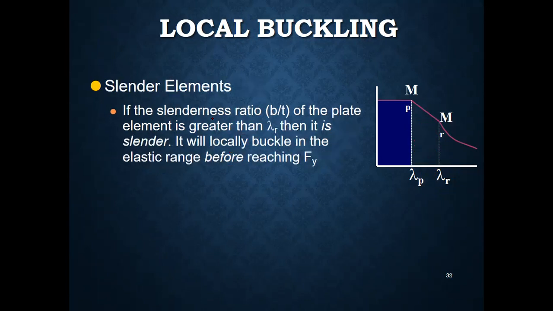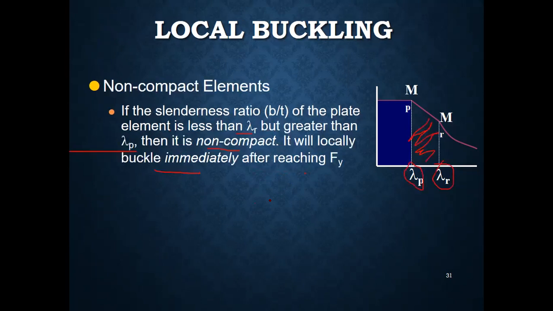And if the slenderness ratio of the member or the plate is greater than lambda r, then it is called a slender member, and this will buckle in the elastic range even before reaching the yield stress. So we have three different sections.